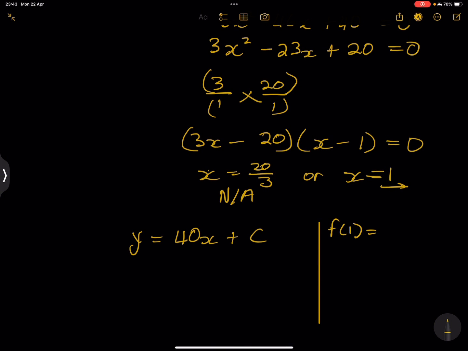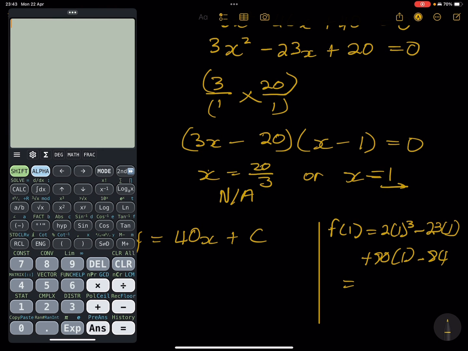Remember in this case we've got 2 times 1 cubed minus 23 times 1, plus 80 times 1, minus 84. So let's get that quickly.